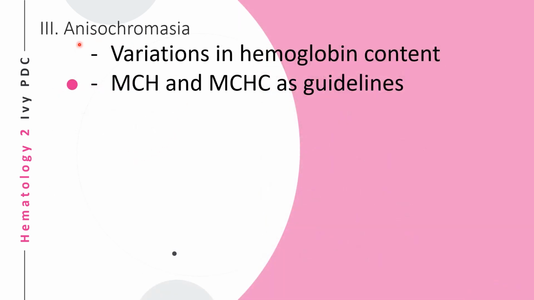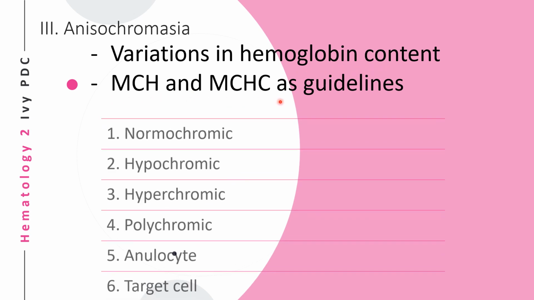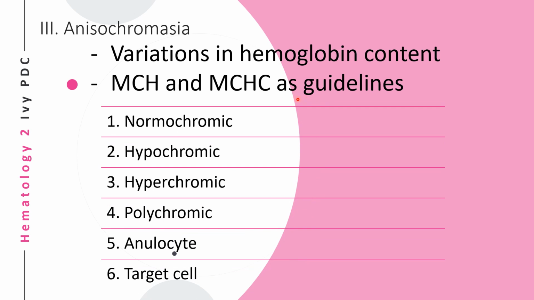The next category is anisochromasia. Anisochromasia means that there are variations in hemoglobin content. We use the MCH and MCHC as guidelines. The different types under anisochromasia would be normochromic, hypochromic, hyperchromic, polychromic, annulocyte, and target cell.